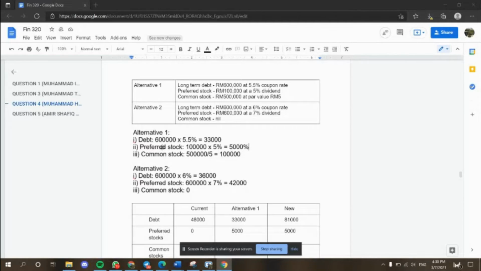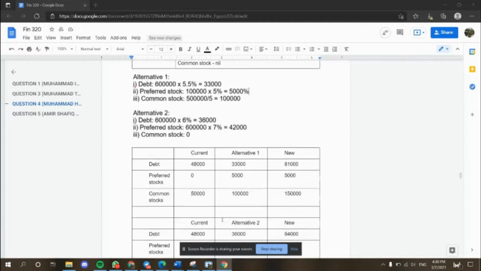For debt, 600,000 times 5.5% and get 33,000. Preferred stock, 100,000 times 5% and then get 5,000. For common stock, alternative 1, 500,000 divided by 5 par value and get 100,000.